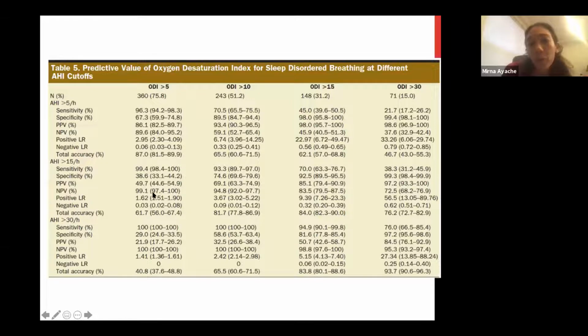But if we were thinking of a screening tool, we don't care as much about the highest accuracy as we want a little bit higher sensitivity. So in that case, an ODI greater than 10 has a sensitivity of about 93% and a specificity of about 74% for predicting an AHI of greater than 15.